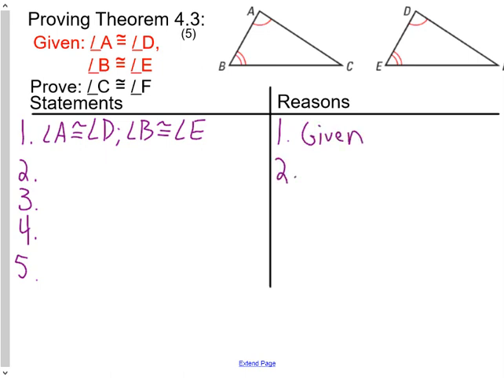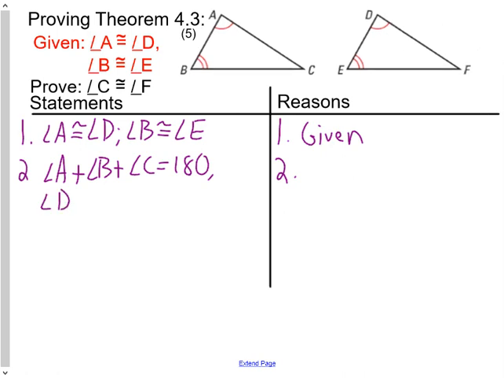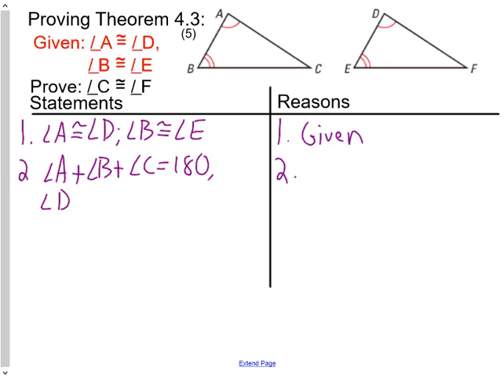We didn't have an angle measure that it worked true for. We've got a bunch of givens here, so we're probably just going to start with the triangles adding to 180. So we might need more space for that. A plus B plus C is 180, and so is D, E, and F. Sorry, we're cutting off F at the moment. E is there. But D, E, and F also add to 180.